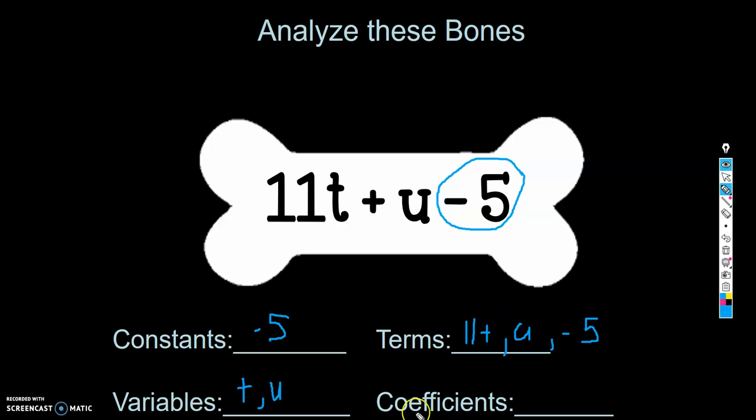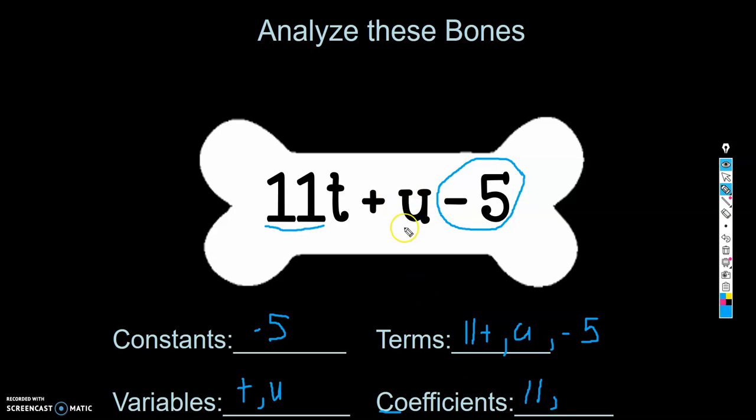Finally, what are my coefficients? The coefficients, like company. When we have company, we're together with somebody, right? In this case, my only coefficient is 11, but there's actually another one here that I can't see that's invisible. So I'm going to write down my 11. Here's the tricky one.